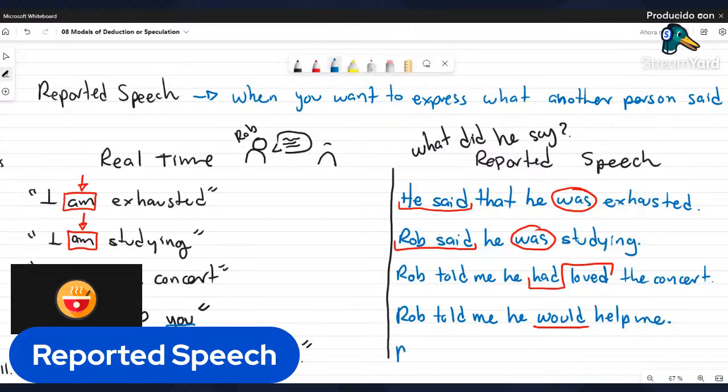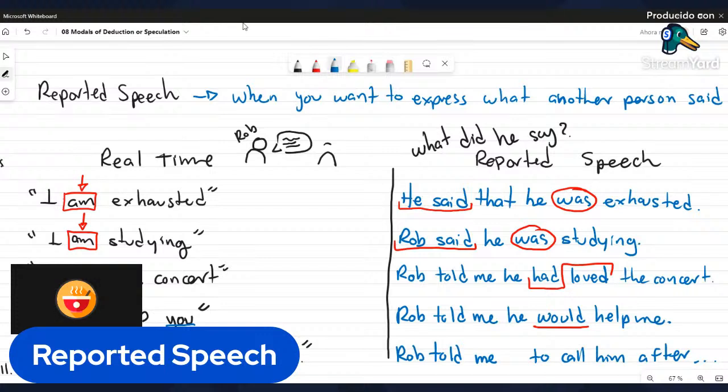So Rob told me to call him. To call him after the concert, right? After the concert. Well, let me put some points there. Okay, Rob told me to call him after the concert.